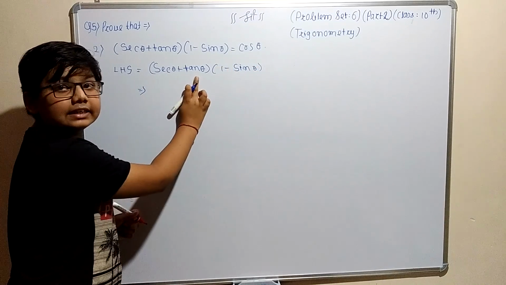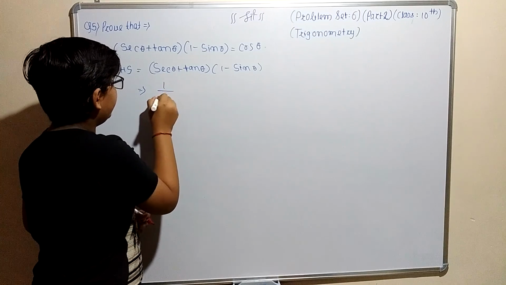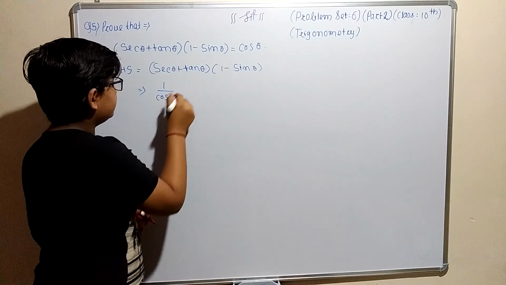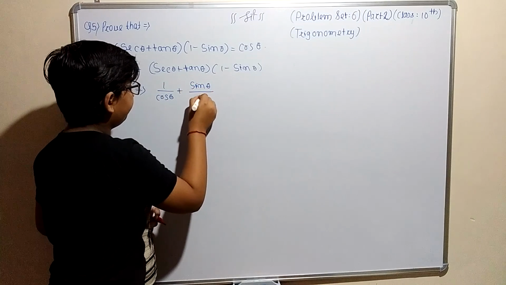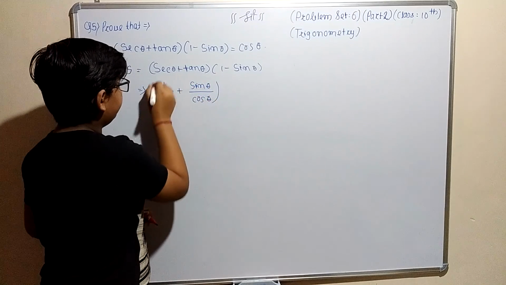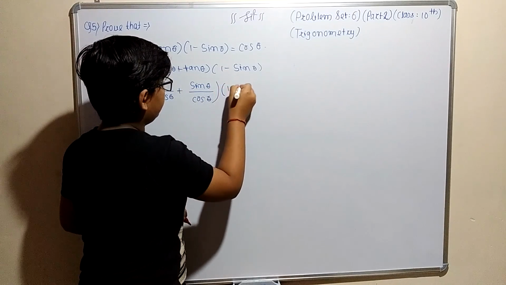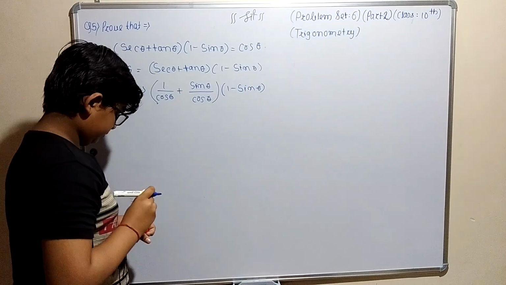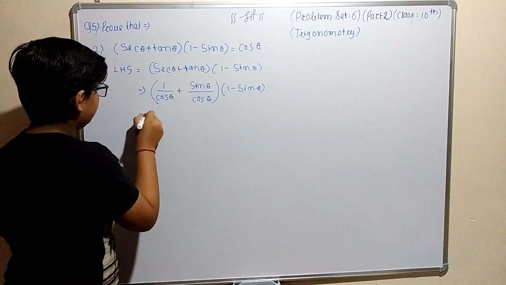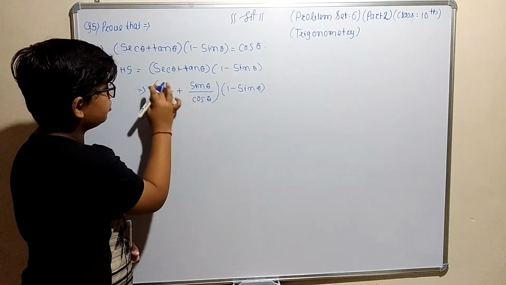Sec theta plus tan theta. Sec theta can be written as 1 by cos theta. So 1 by cos theta plus sin theta divided by cos theta, multiplied by (1 minus sin theta). Since the denominator is common over here, add the numerators.